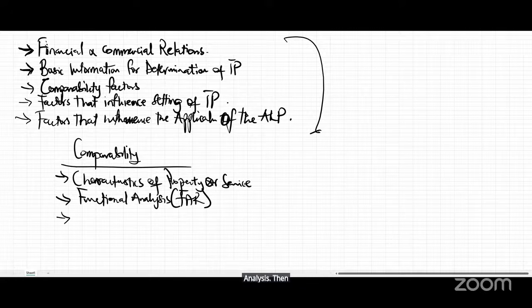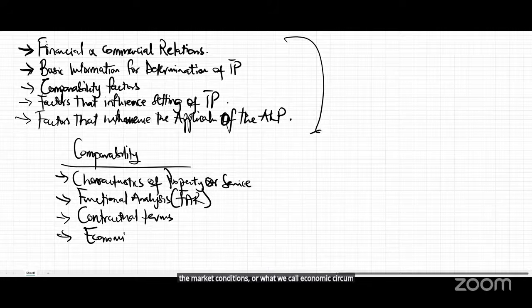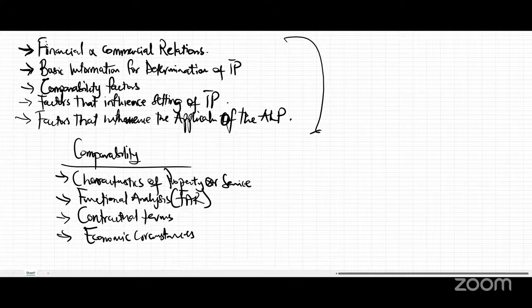Then we have the commercial or the contractual terms. And then we have the market conditions, or what we call economic circumstances. And then we have what we call the business strategies.